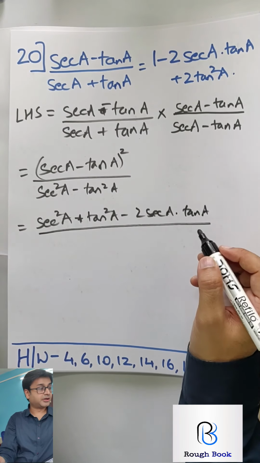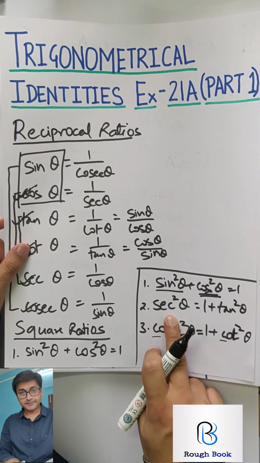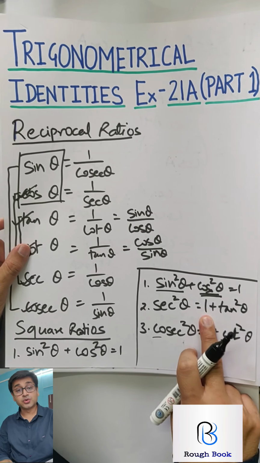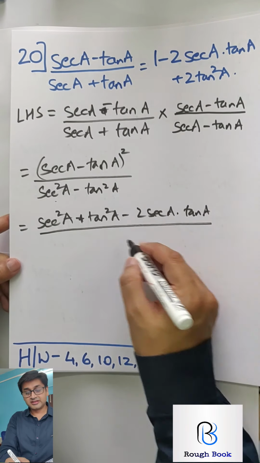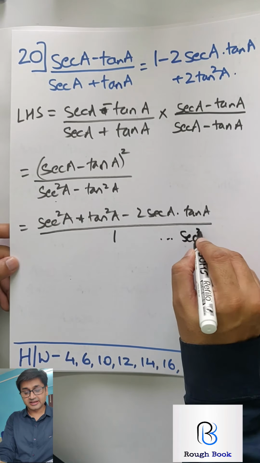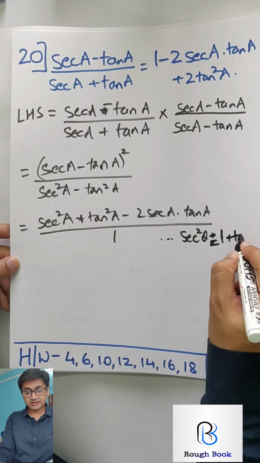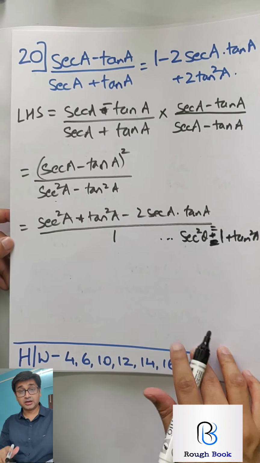But in the denominator it's very important to identify this. Can you see sec square minus tan square equals 1? Sec square minus tan square, magic, is equal to 1. Are you getting it? So write the reason here: since sec square theta is equal to 1 plus tan square theta. Don't forget to write the reason.